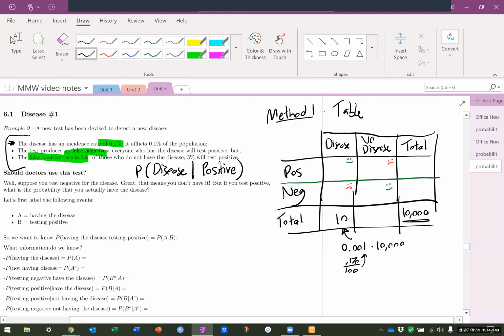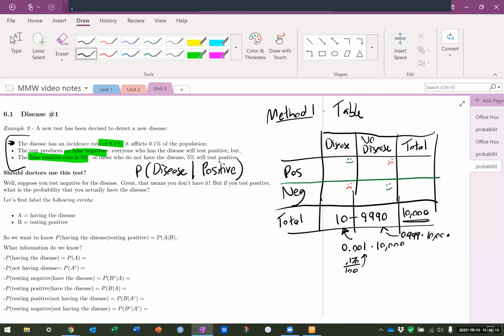So that ends up being 10. And the remaining 0.999 times 10,000 gives us the people that don't have the disease. So 9,990. And right, these add up to 10,000.